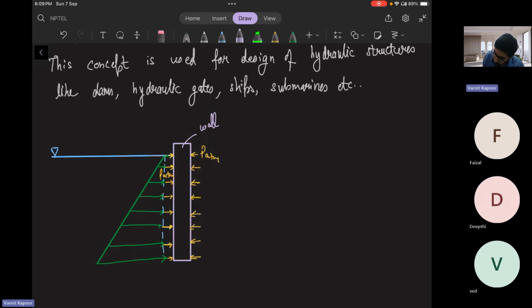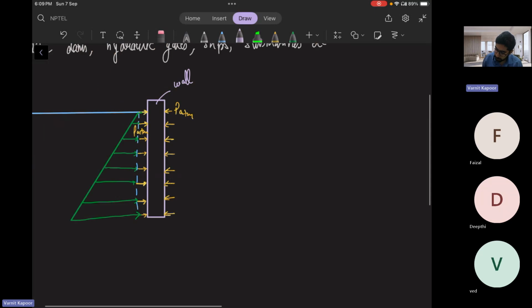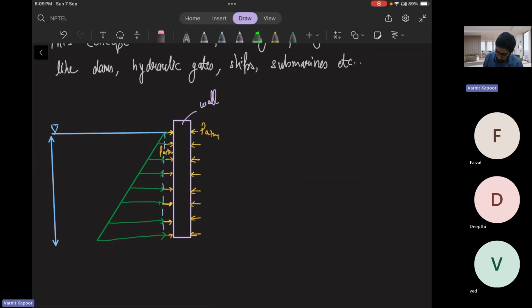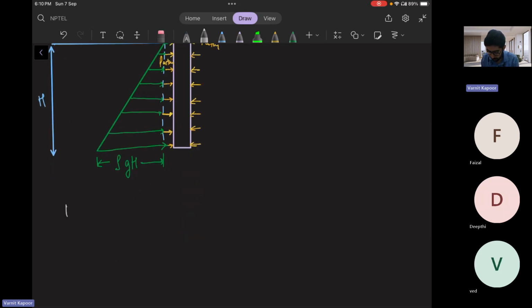Suppose the height of this reservoir is capital H, from here to here. This will be rho g H till here, and the remaining is atmospheric. So this is an absolute pressure condition, where you have gauge plus atmospheric, which is absolute.